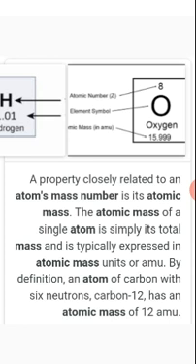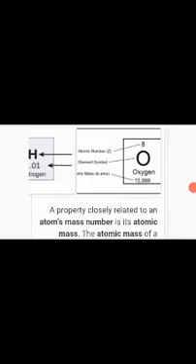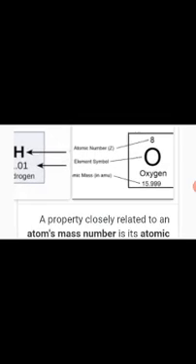This is lesson number 10, and the topic is atomic mass and atomic number of an element. This is the picture in which atomic number, atomic mass, and element symbol are labeled.